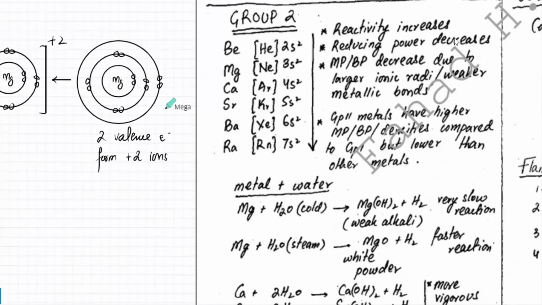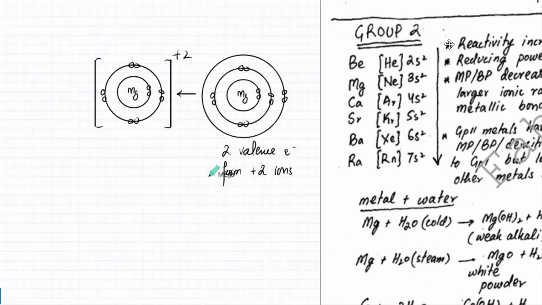And the reactivity or the reducing power actually increases down the group. What that means is, when you move down the group, you've got bigger atoms, which is why it becomes easier to lose electrons.